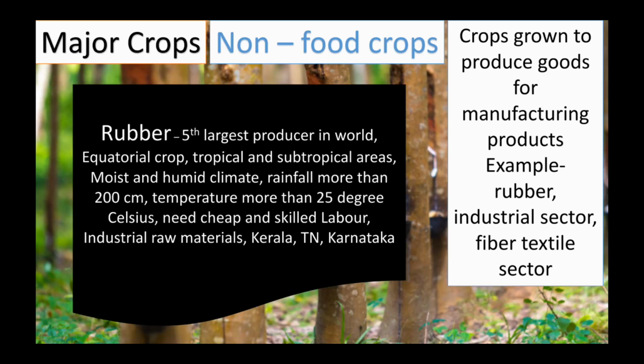Remember, it grows well in Kerala first, then Tamil Nadu and Karnataka also. It is an important industrial raw material for tires, tubes, belts, footwear, etc. India is the 5th largest producer in the world.